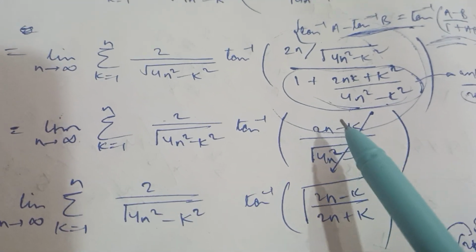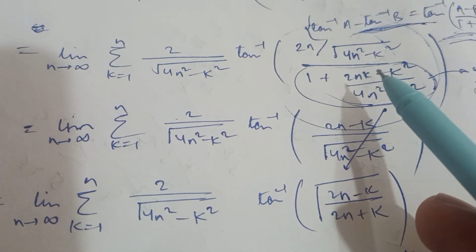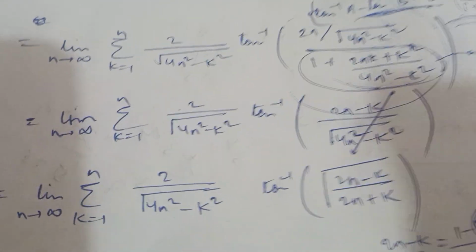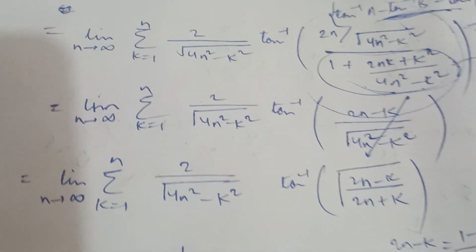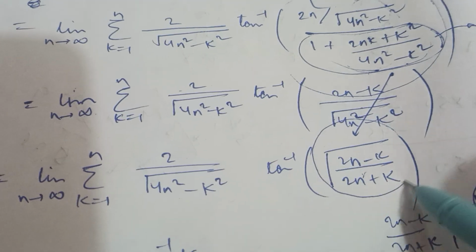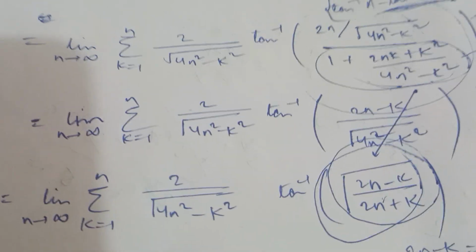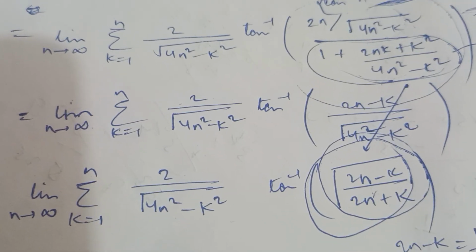And now moving forward, I'm not focusing on this because this is the simple part. I'm explaining the trickier parts. Now this simplifies to under root of (2n minus k) upon (2n plus k). Now here comes the trick where I was stuck for so much time.